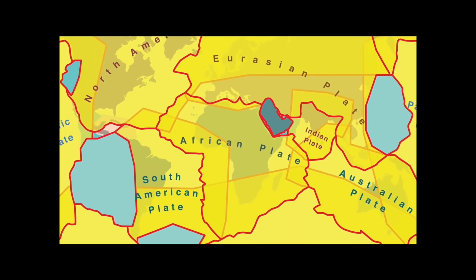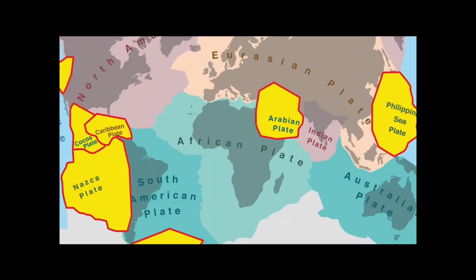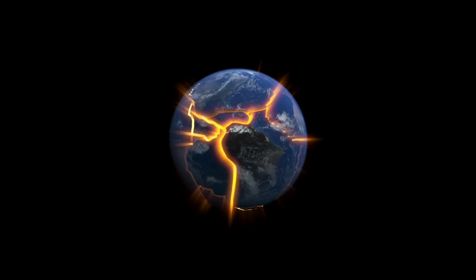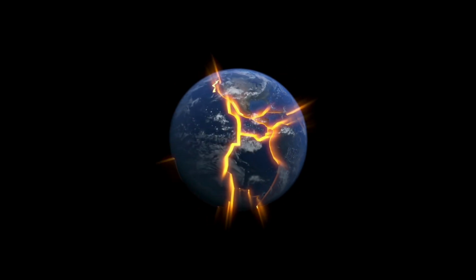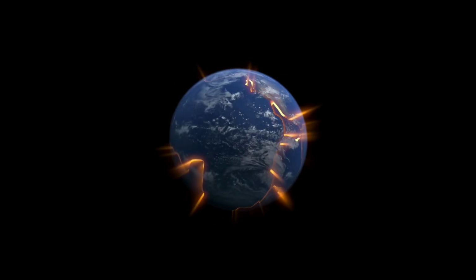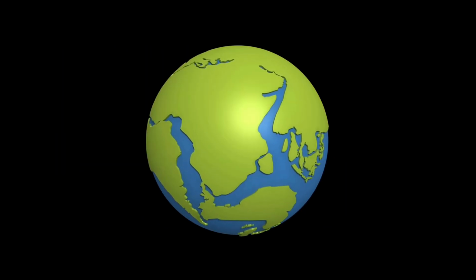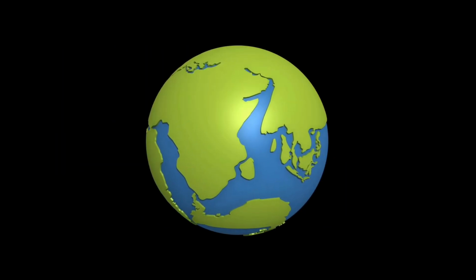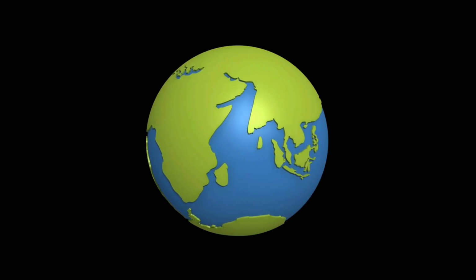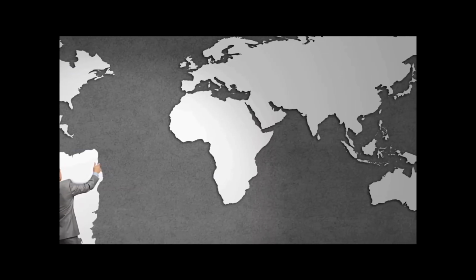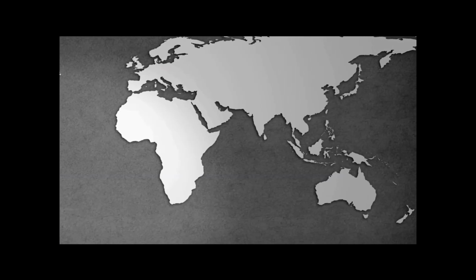As you can see, there are 7 major plates and 10 minor ones. The first thing you may notice is that the major plates are kind of aligned with the continents. That's not a coincidence. The continents on Earth were actually formed due to the movement of these plates over millions and millions of years. Think of the Earth as a giant jigsaw puzzle, made up of pieces that are basically parts of these major plates.